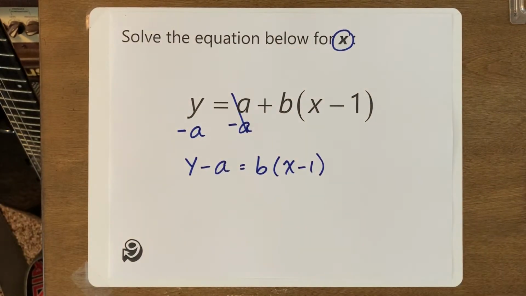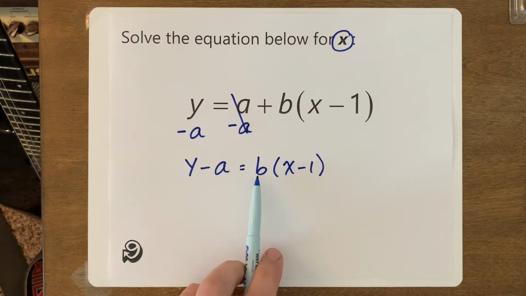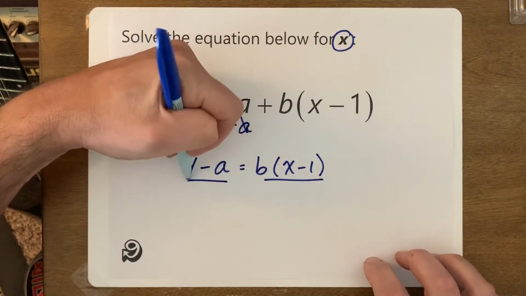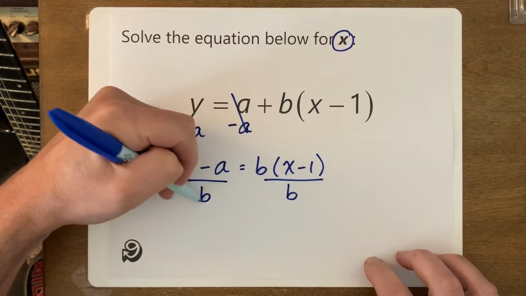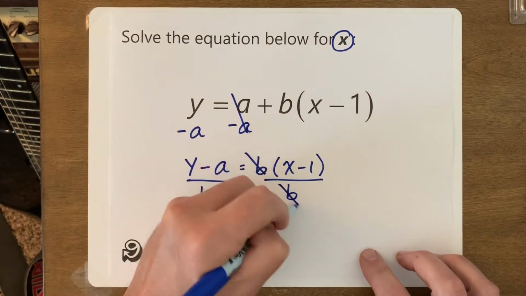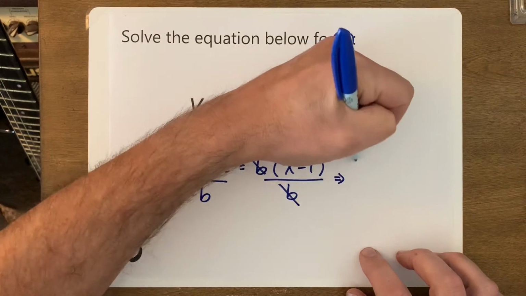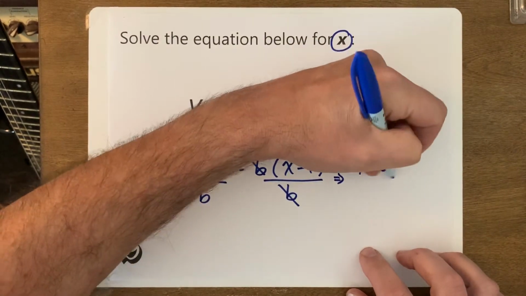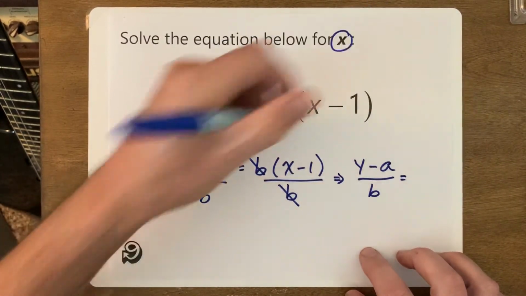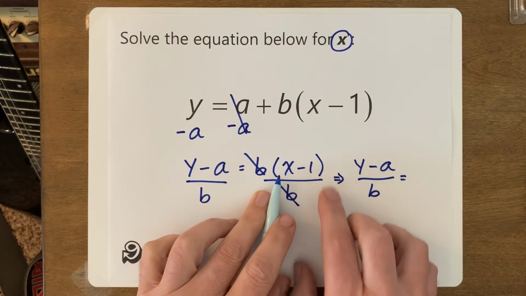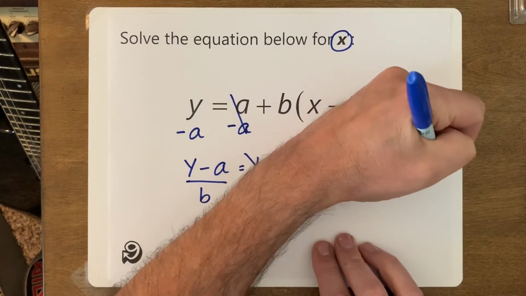All right, now I want to get rid of that b right there, before I start digging into the parentheses. So now I'm going to divide both sides by b. Those cancel. And now I have, let me save some room here, (y minus a) over b equals, again, everything went away, so the parentheses go away too, x minus 1.